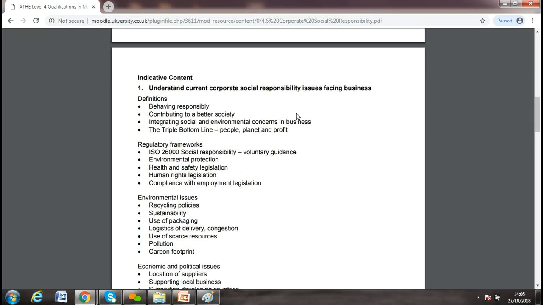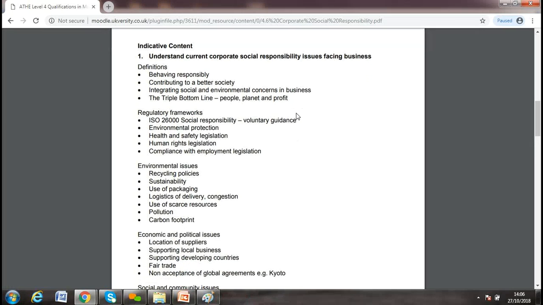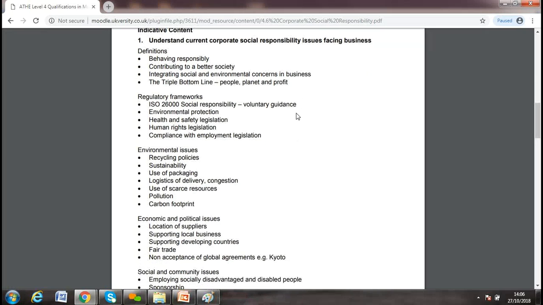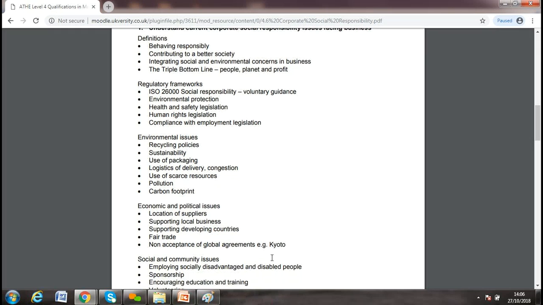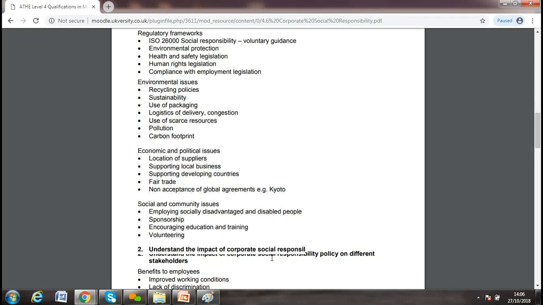Pollution and carbon footprint we also discussed. Economic and political issues we discussed through the Kyoto principle, which is from Japan, and trade, an agreement on environmental fair trade. We discussed that products need to be more organic, with no child labor involved. We mentioned a lot of different issues around social community during our first lesson as well.